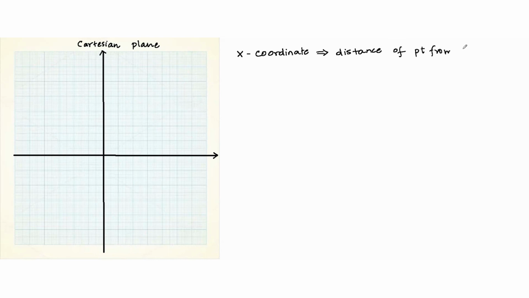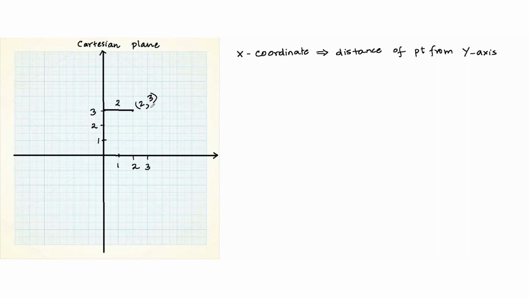from the y-axis. So for example, if I want to plot a point, say 2, 3, okay, so let's plot a point 2, 3, then I know that the point is going to be over here. So x coordinate is 2 and y coordinate is 3. You will notice that the distance of the point from the y-axis happens to be the x coordinate, right?